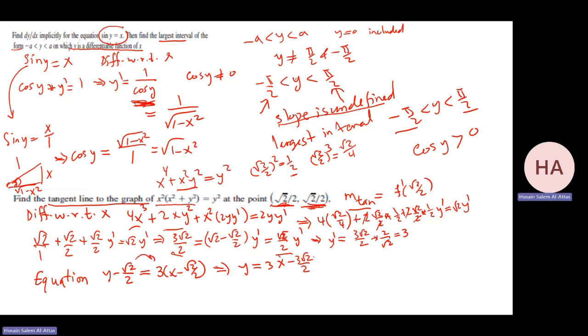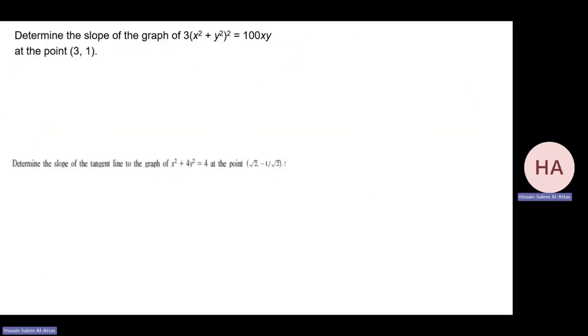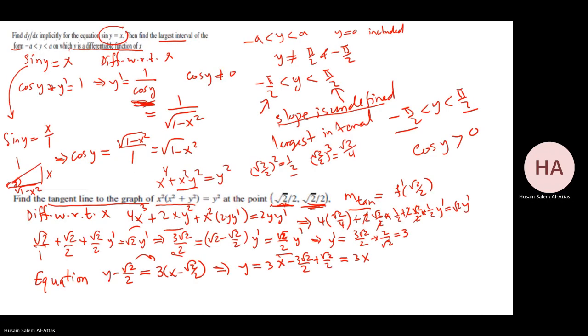This take it to the other side, plus root 2 over 2, which is 3x. This is what? Minus 2 root 2 over 2, which is minus root 2. So the equation y equals 3x minus root 2.